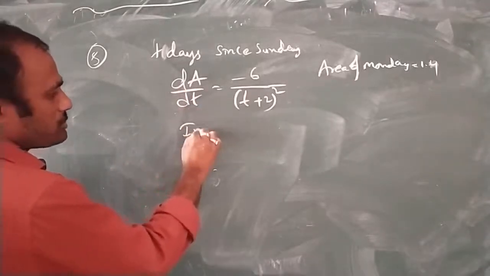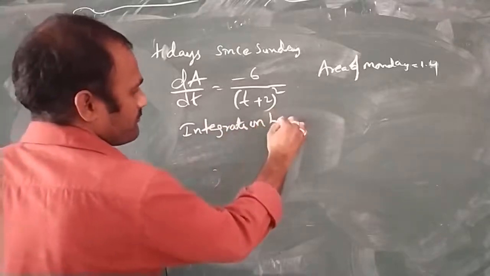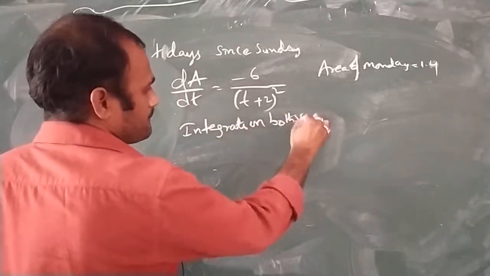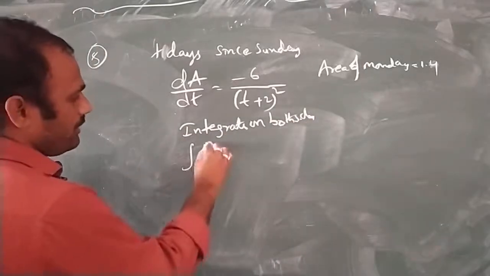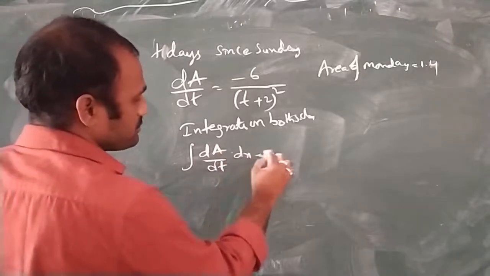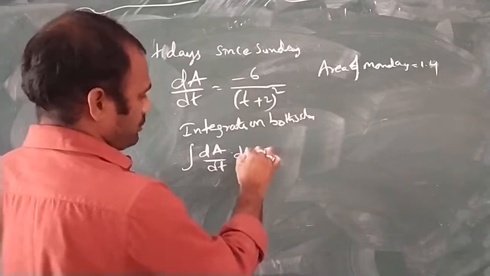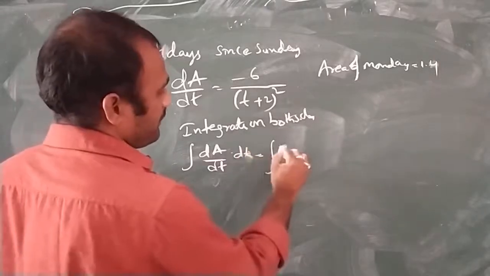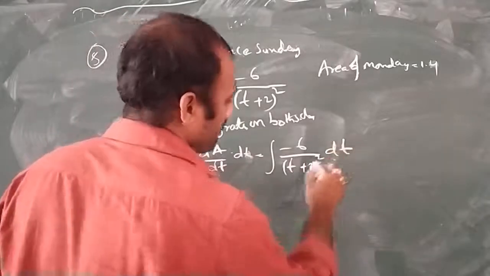So integrate on both sides. If I integrate on both sides, we will get the integral of dA by dt with respect to t equals the integral of minus 6 by t plus 2 whole square with respect to time.